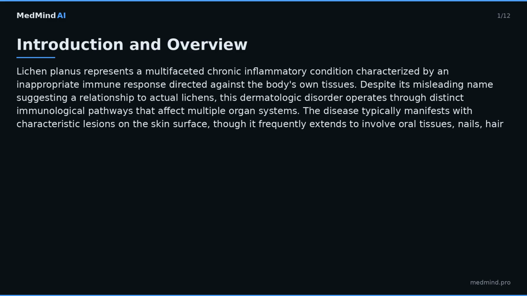The disease typically manifests with characteristic lesions on the skin surface, though it frequently extends to involve oral tissues, nails, hair follicles, and other mucosal surfaces. Understanding this condition's complex nature is essential for clinicians seeking to provide comprehensive care and for patients navigating long-term management strategies.